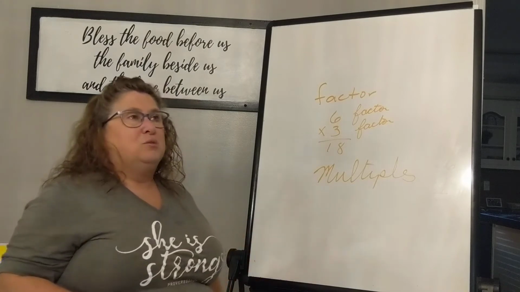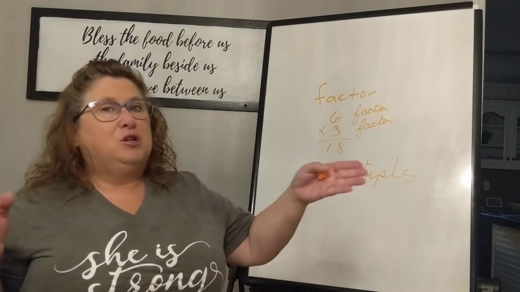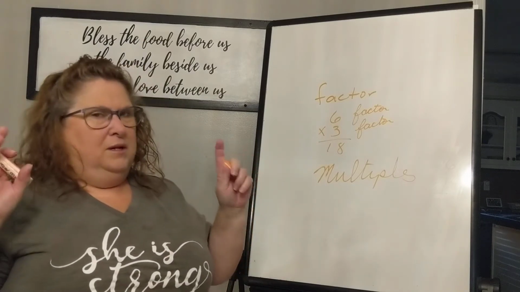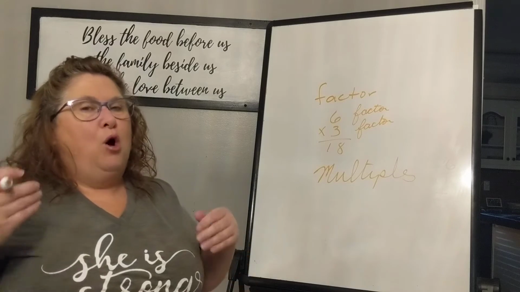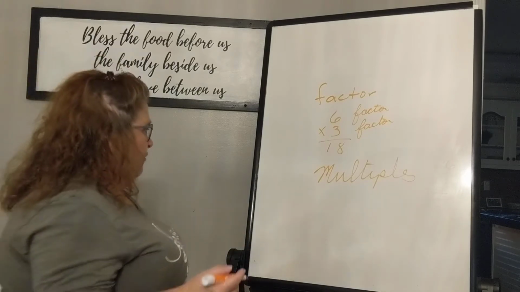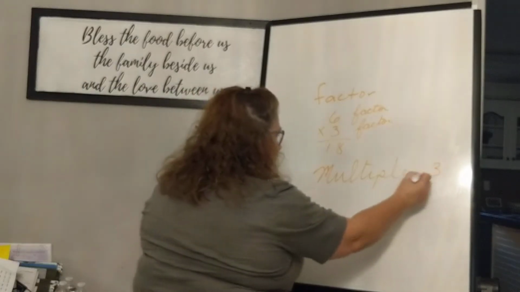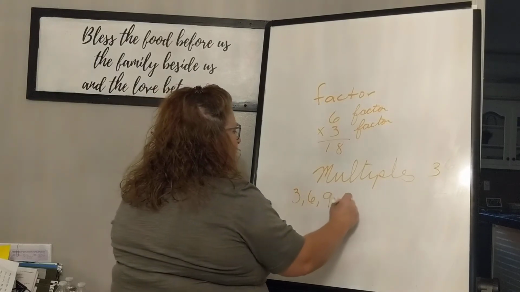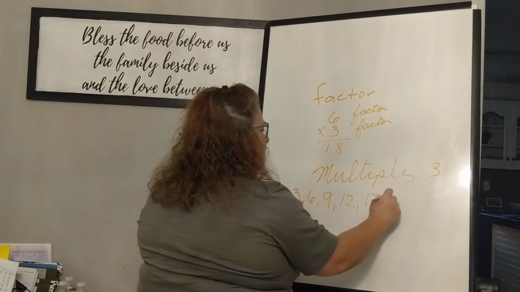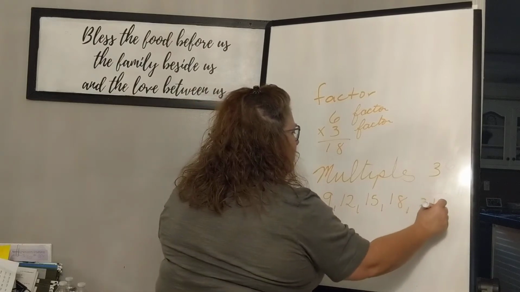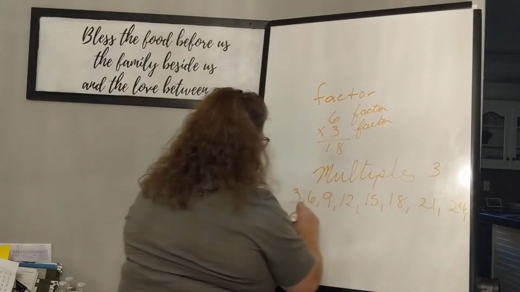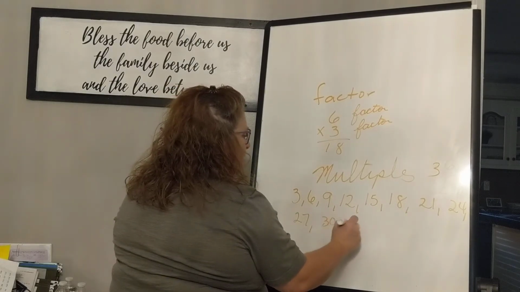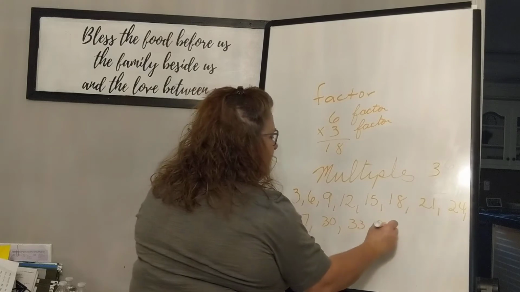Now when we skip count, we count up 12 numbers, because our times tables go to 12. But multiples will go on and on forever. If I'm writing multiples of 3, I would write 3, comma, 6, comma, 9, comma, 12, comma, 15, comma, 18, comma, 21, comma, 24, comma, 27, comma, 30, comma, 33, comma, 36, comma.